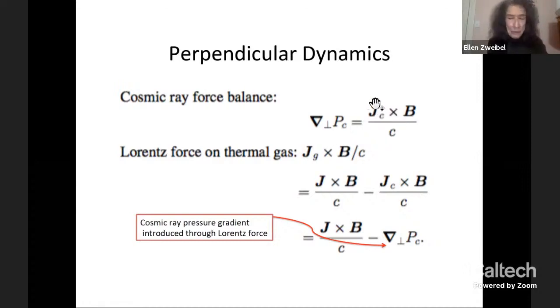What is the cosmic ray current? We don't actually have to know it. The Lorentz force on the thermal gas is the current in the gas crossed with the magnetic field. Again, we don't have to know that because the gas current is the total current minus the cosmic ray current, and the total current is just the curl of the magnetic field by Ampere's law, and we can now substitute in the pressure gradient. So the cosmic ray pressure gradient perpendicular to the magnetic field lines actually appears in the force equation for the gas, and it kind of crept in through the Lorentz force.